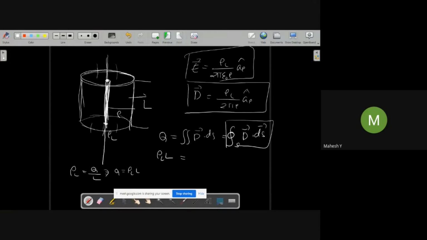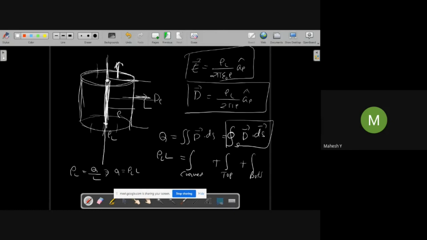Here the electric flux density will be D rho, due to the charge. And is there any electric field intensity in the direction of area? Because we are finding the dot product between D and ds, right? So this closed integral I can write as a sum of curved plus top plus bottom.